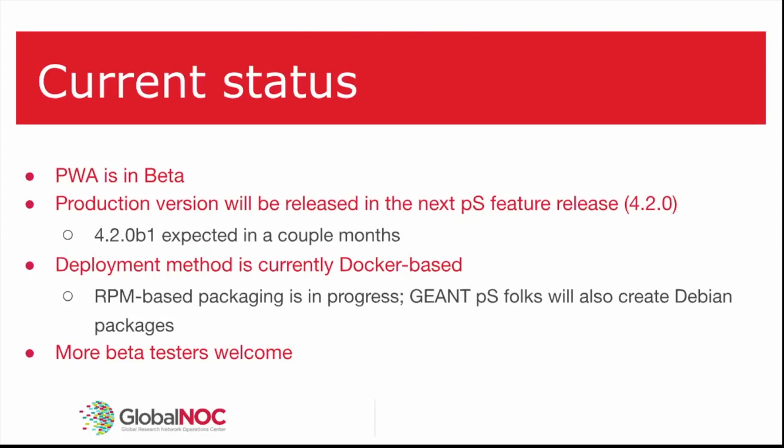That's partially working right now, but it still needs a bit of work. And the Zenon perfSONAR people are going to be creating Debian packages as well. So deployment on this will be a lot easier by the time this is released.